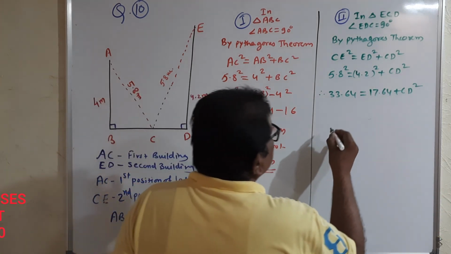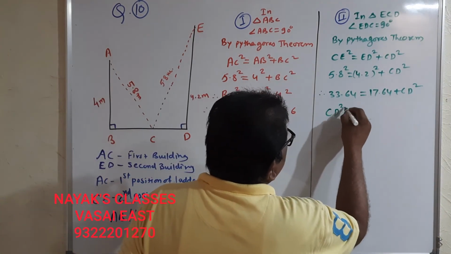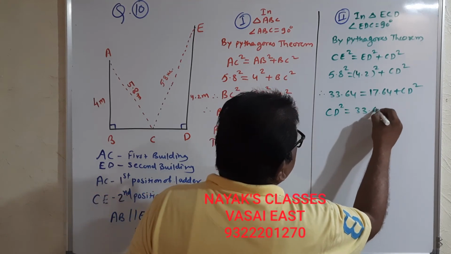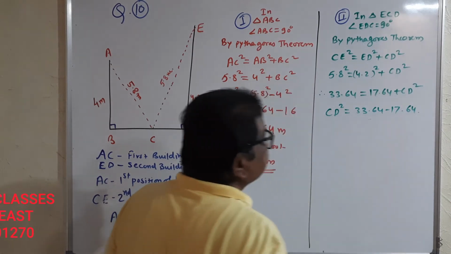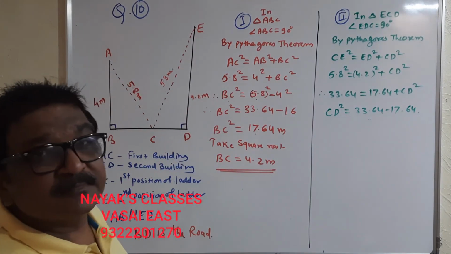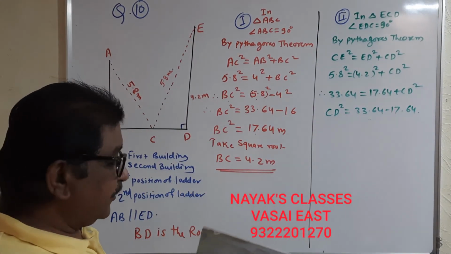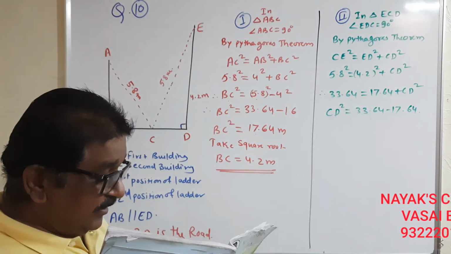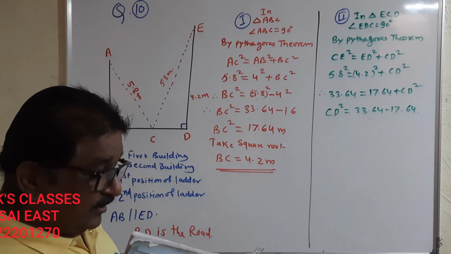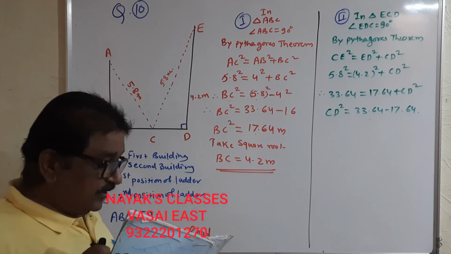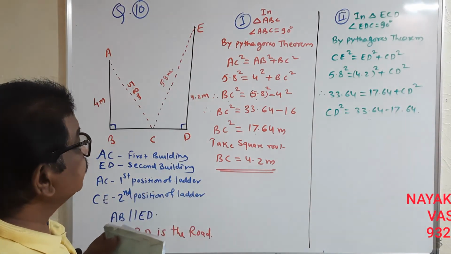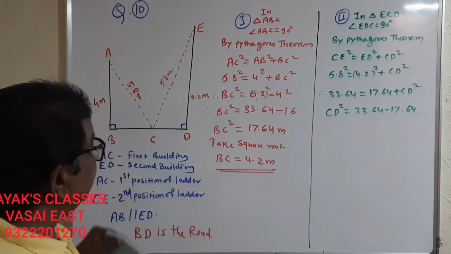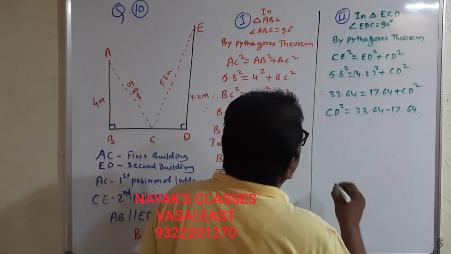So CD square is equal to 33.64 minus 17.64. And now they have said find the width of the road, BD.